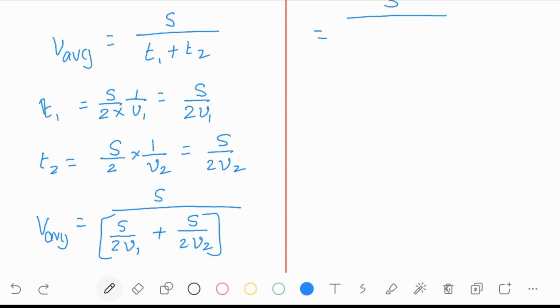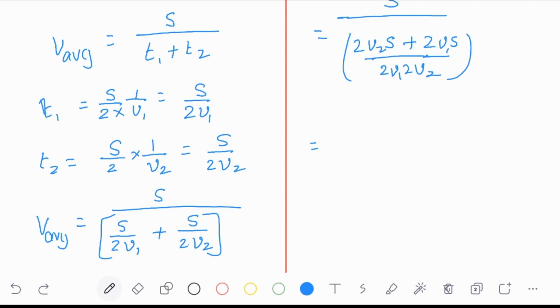Alright, s divided by, and here the LCM should be 2 times v1 times 2 times v2. So that should be 2v1 and cancels 2v1, so that should be 2v2 times s plus 2v1 times s. That's what I use in my lower class mathematics skills.